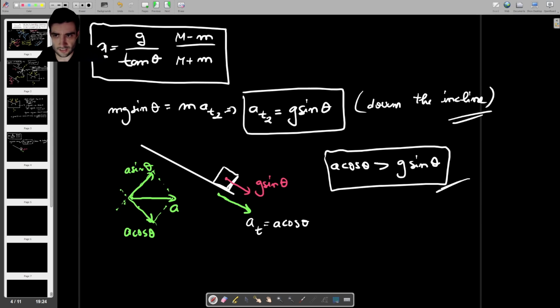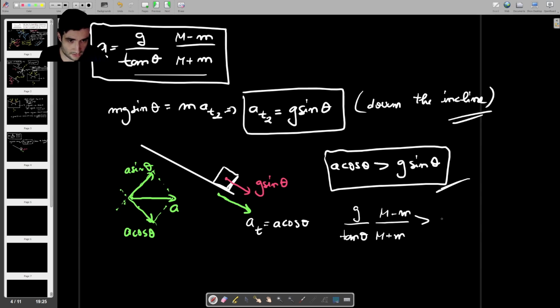So I'm going to replace a by this, and we get g over tan theta, and then we have this mass ratio here, which is going to be greater than g sine theta.